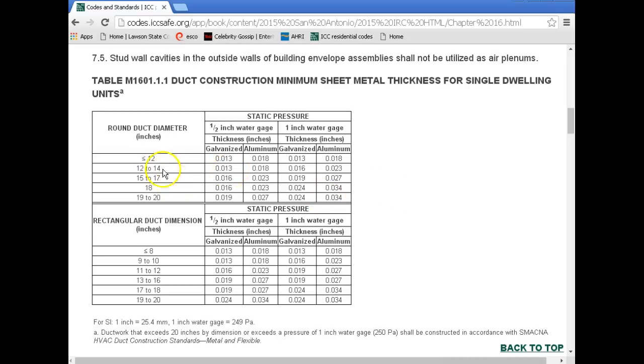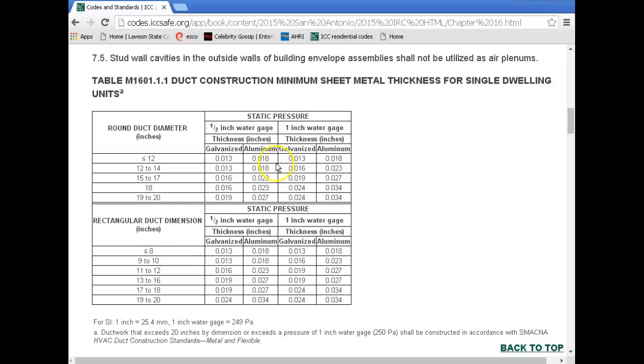All right. First of all, we break it down into round duct and the rectangular duct. Y'all see that on the board there in the projection? Under round, we have less than 12, 12 to 14, 15 to 17, 18, 19, and 20. And then we have a duplication for rectangular.